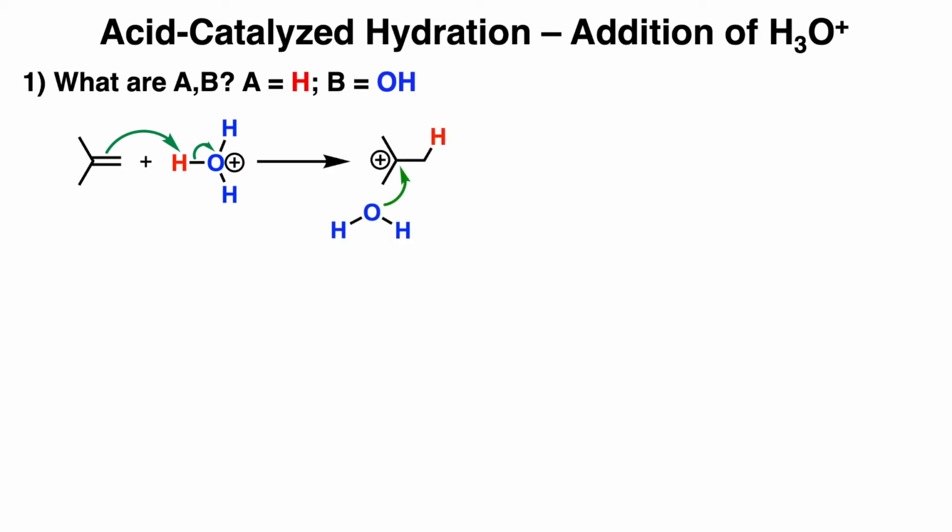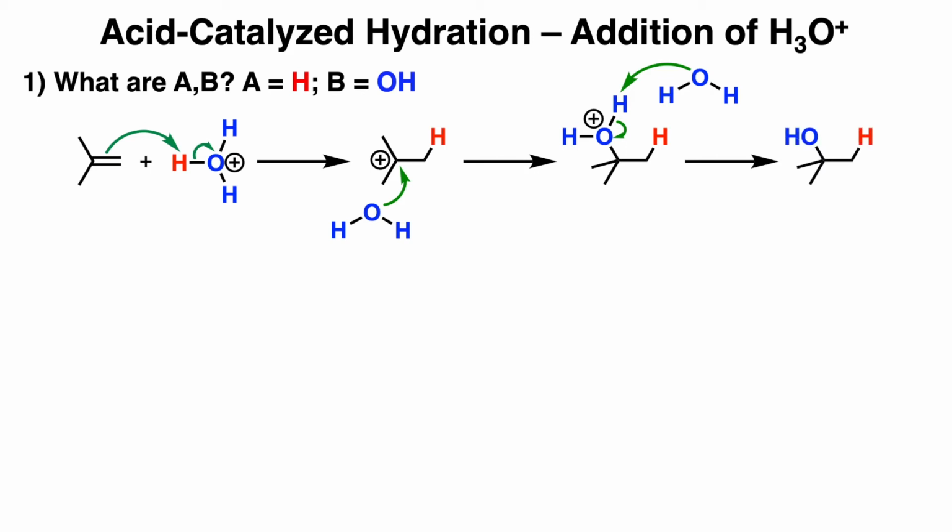This forms a carbocation intermediate where water now acts as a nucleophile to attack the carbocation. Then another mole of water comes in to act as a base to deprotonate that extra hydrogen bonded to O, which will then give us our final neutral product.